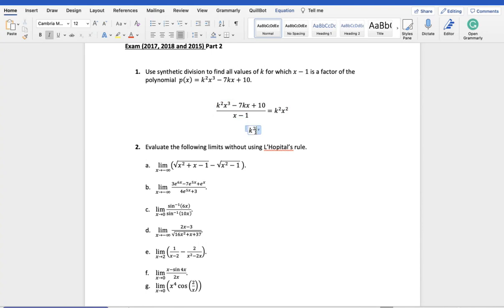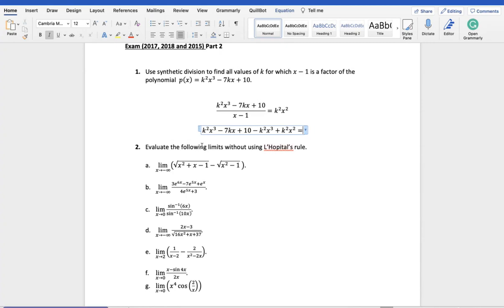Then when you multiply that in, you have k squared x cubed, which is subtracted from k squared x cubed minus 7kx plus 10. Minus becomes plus k squared x squared.